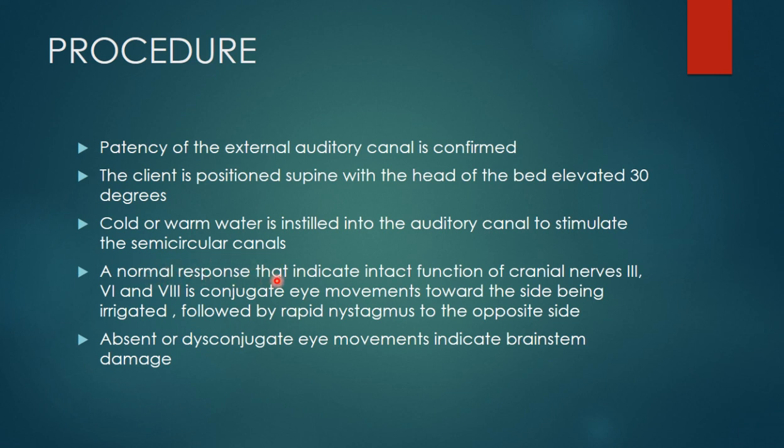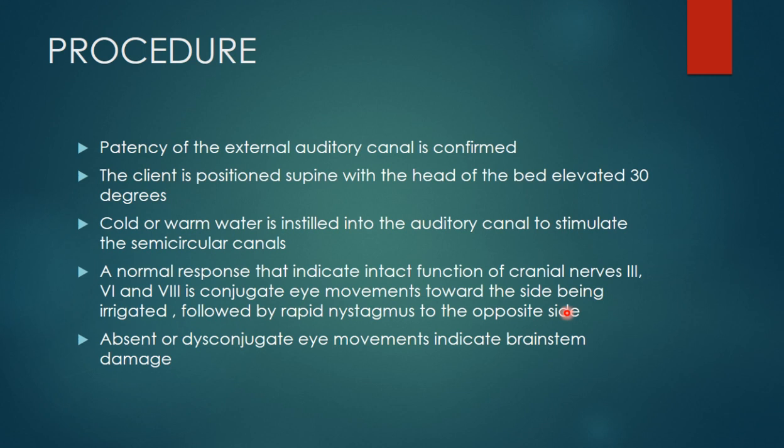The normal response that indicates intact function of cranial nerves third, sixth, and eighth is conjugate eye movement towards the side being irrigated, followed by rapid nystagmus to the opposite side. So what is the rule?